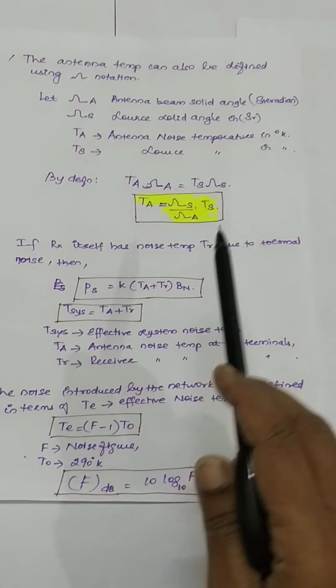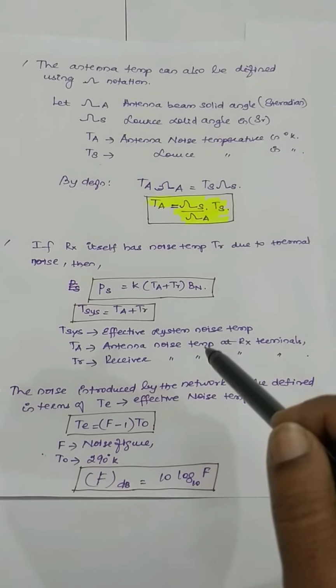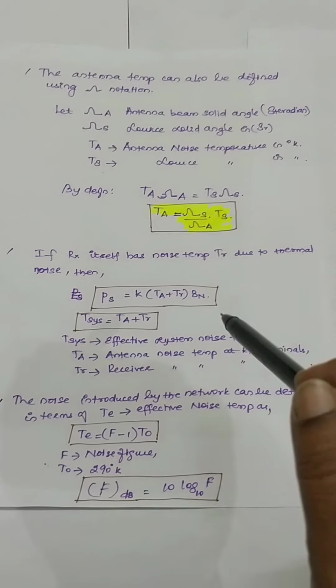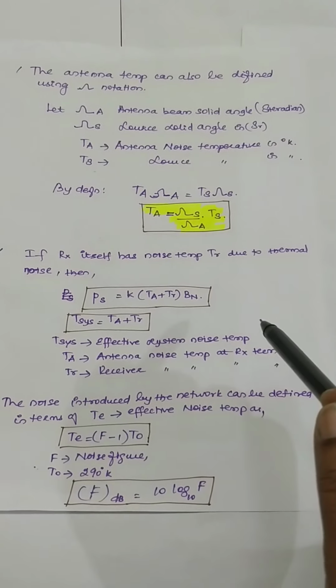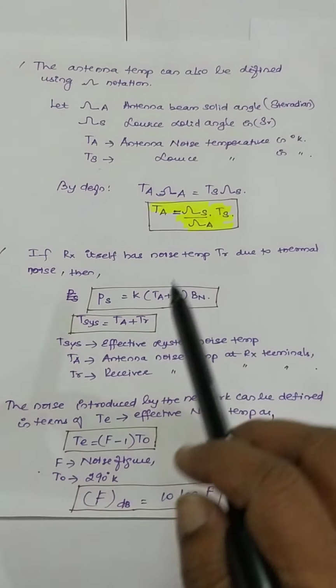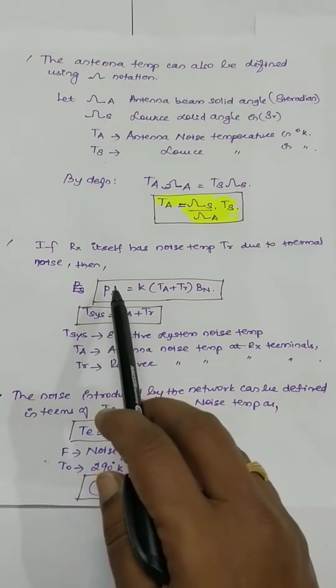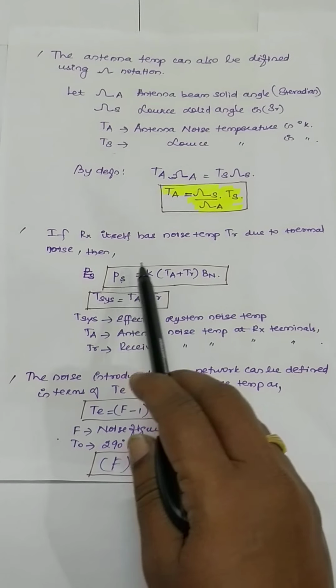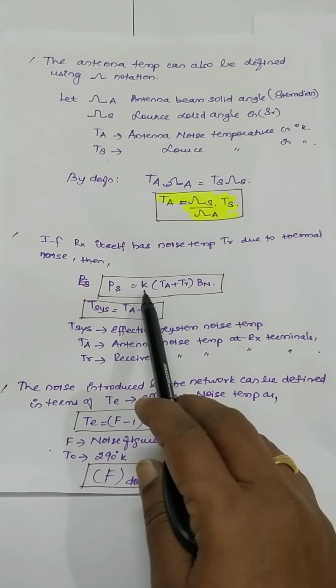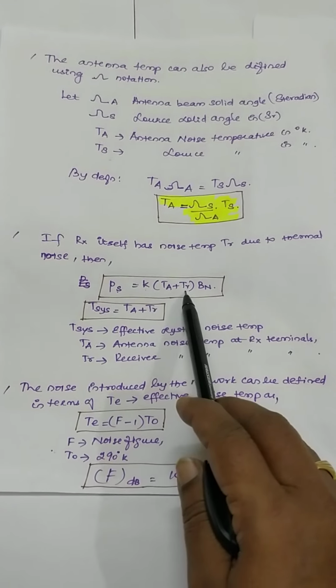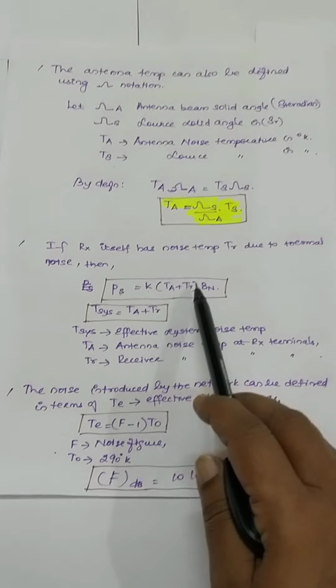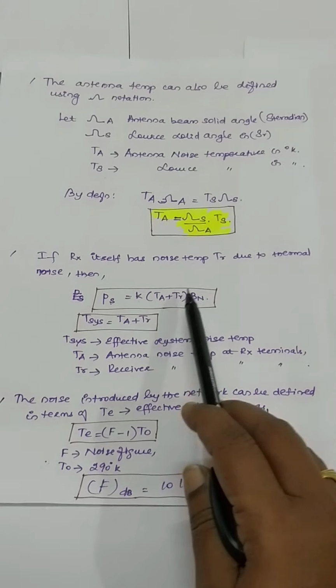Next condition, if the receiver itself has some noise temperature, say Tr, due to thermal noise, what happens to the power received? The power received at the source is equal to K times Ta plus Tr, times Bn. Already we have the antenna temperature; Tr is included here.